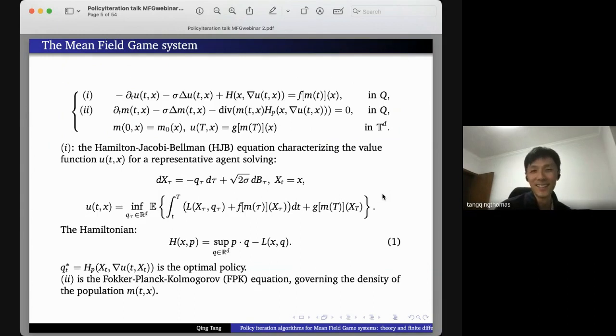The small q is the policy. Later on, I will have another capital Q, which is a discretized version of the policy. I know it's a bit confusing, but here capital Q is just the parabolic domain.